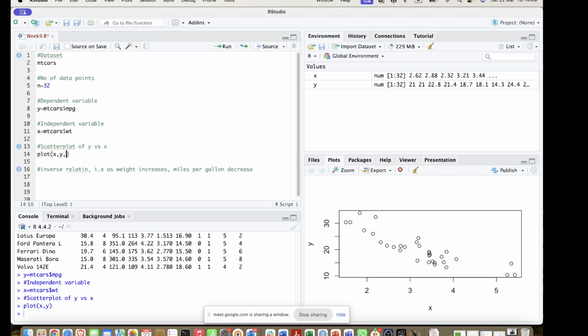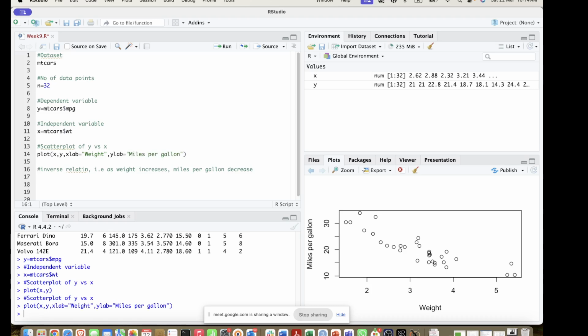Okay, I could use labels like xlab equal to weight and ylab equal to miles per gallon, and let me add a title as well. So main equal to scatter plot, let's say.